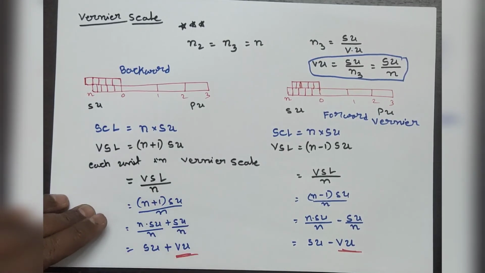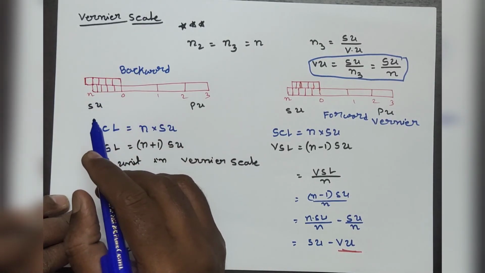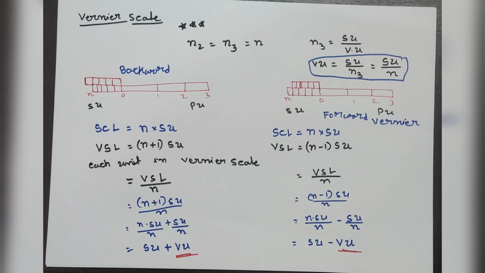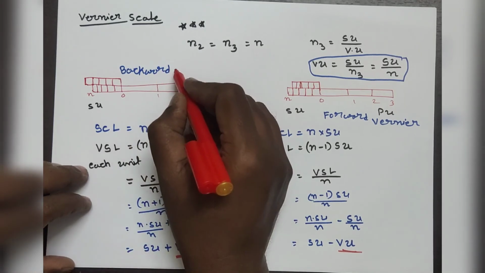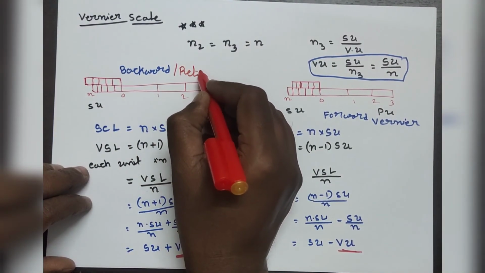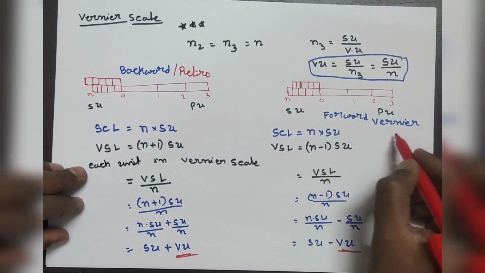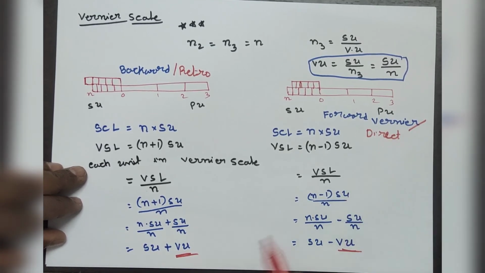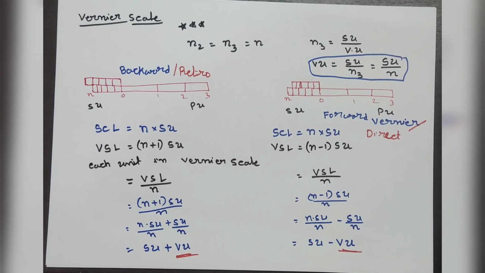Now, is there another name for backward vernier? Is there any other name for forward vernier? We should know now. Backward vernier is also termed as retrograde vernier. Forward vernier is also called direct vernier. Normally you come across vernier calipers in physics experiments.